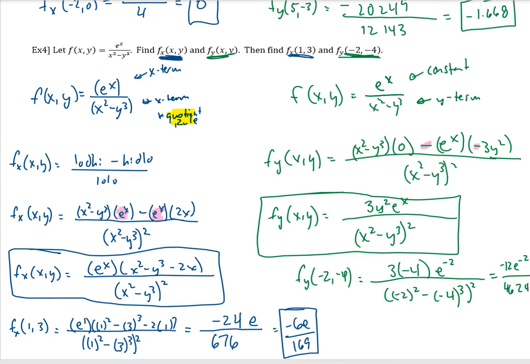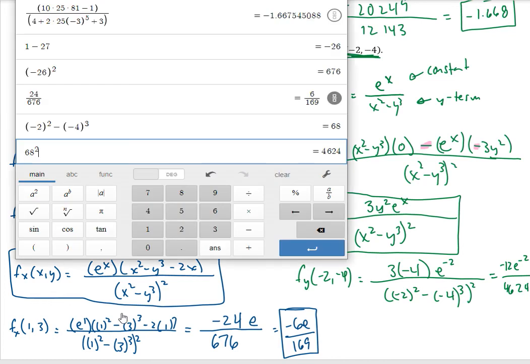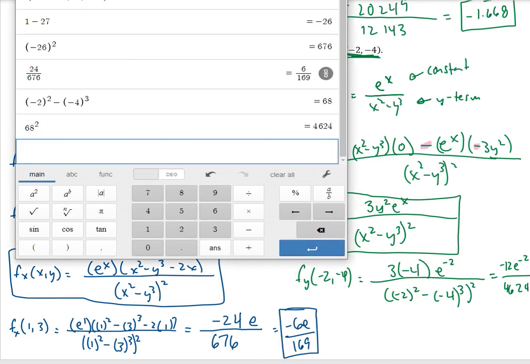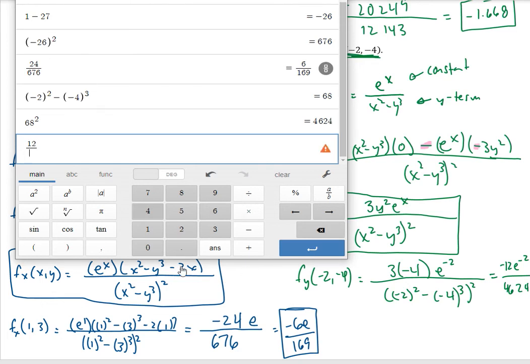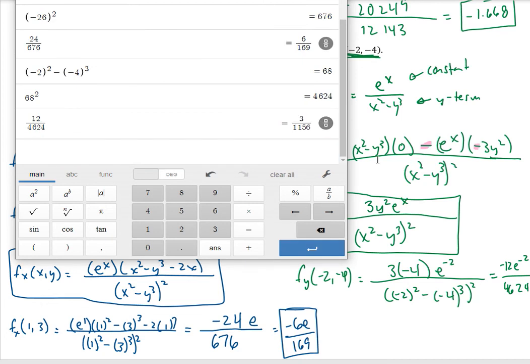And then, well, it looks like it simplifies again one more time here. Let's do that. I just want to do 12 divided by 4,624 and see what the fraction is. Okay, so that's as a fraction.